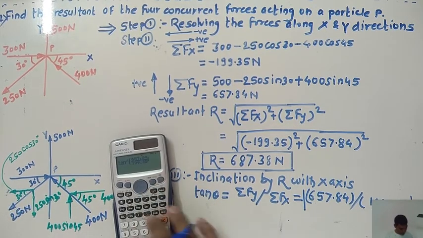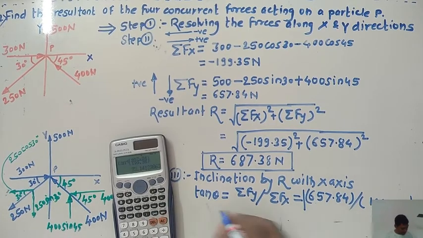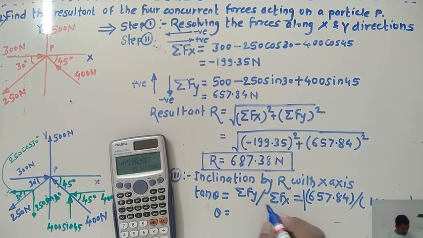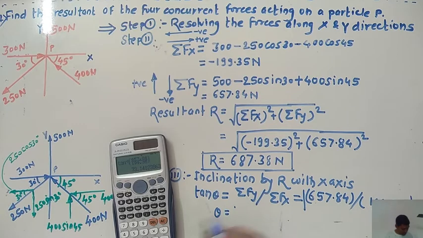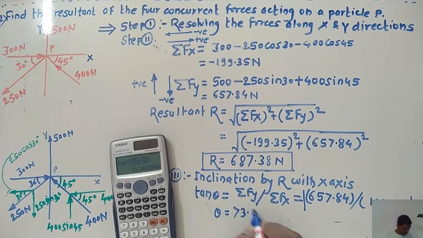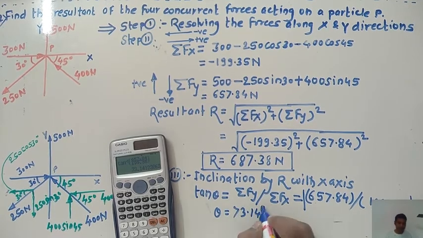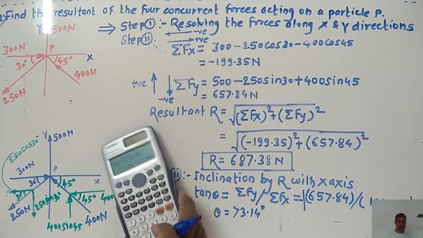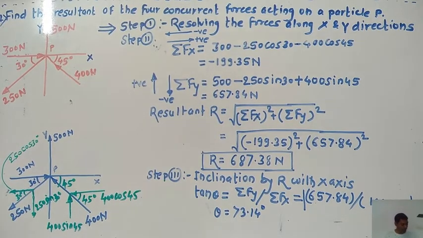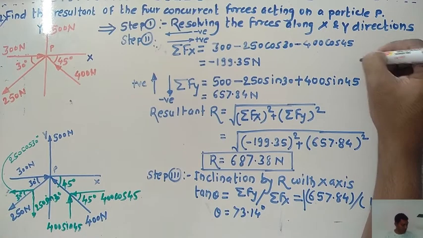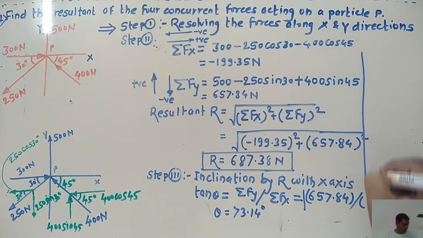So the value for the theta with us, how much? 73.14 degree. Once we get the value for the theta, the next task is very easy for us, to get the location of that theta.